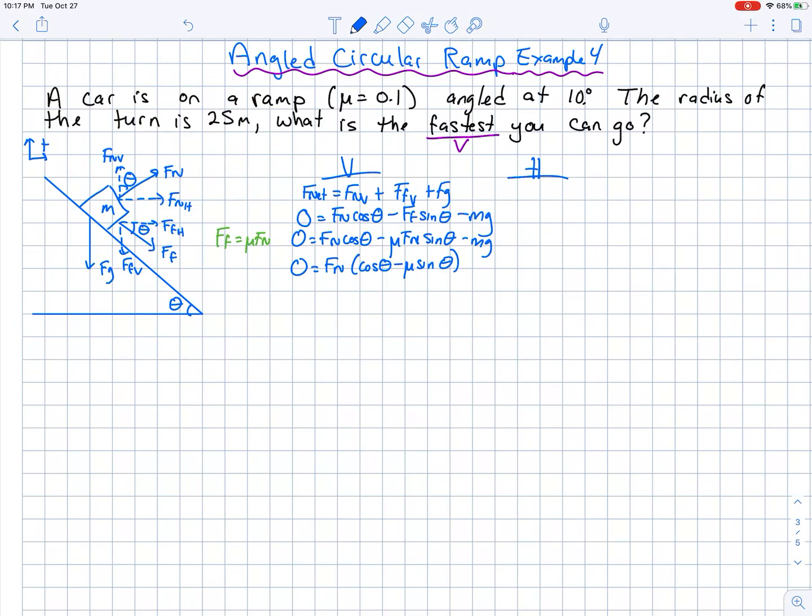So we've got Fn times the cosine of theta minus mu sine theta, and we are subtracting that mg. So rearranging, bringing the Fn over to the left-hand side, we get negative Fn times cosine of theta minus mu sine theta is equal to negative mg. Negatives cancel out. And isolating Fn, we get mg over cosine theta minus mu sine theta.